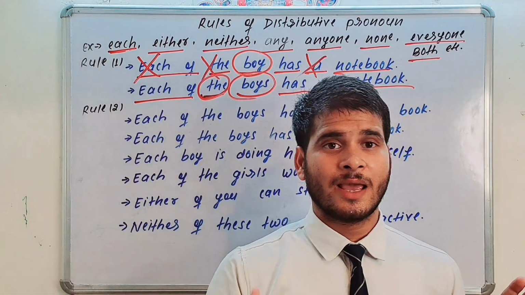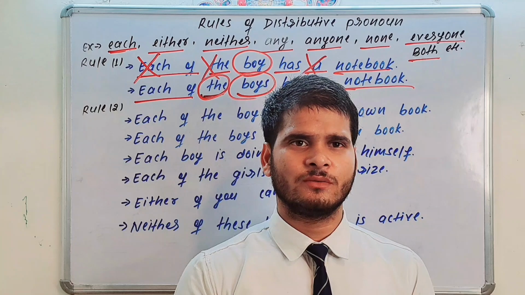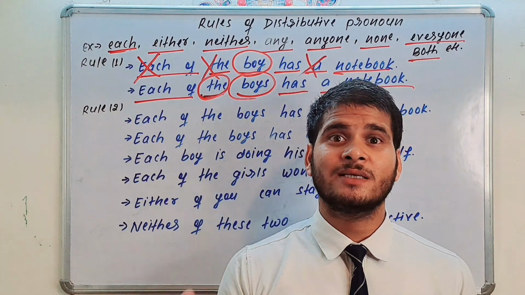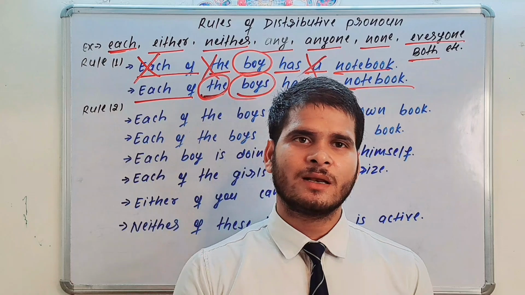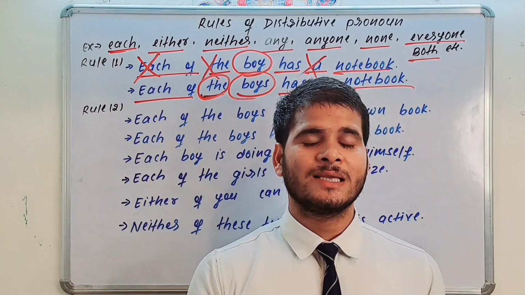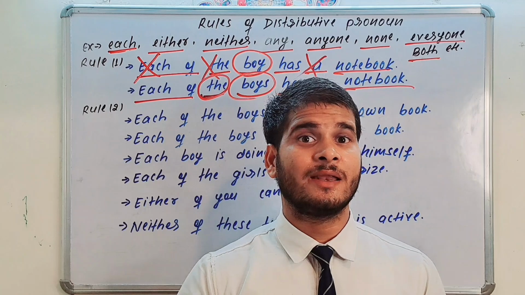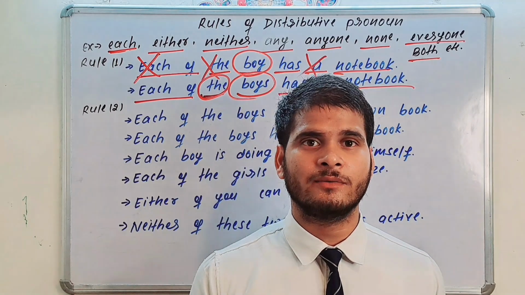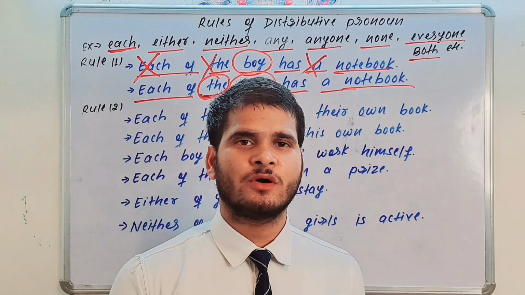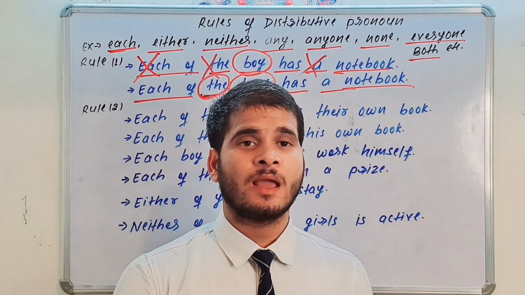And one more thing here in the second rule: understand singular pronoun and singular verb. A singular pronoun and singular verb are used with each, either, neither, and any singular noun. Again, understand here, I'm talking about the second rule.